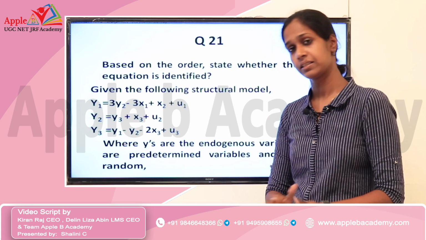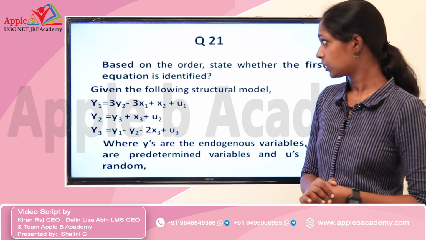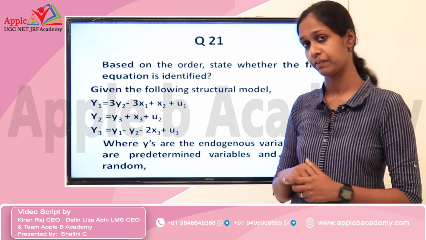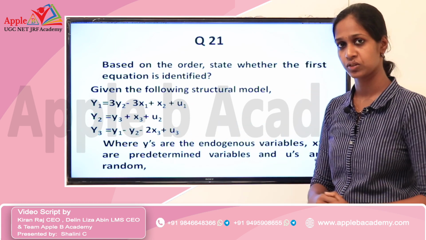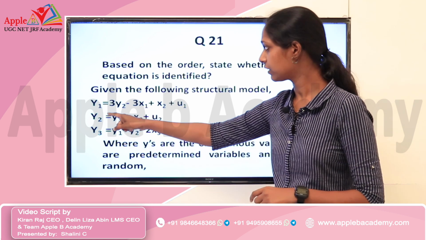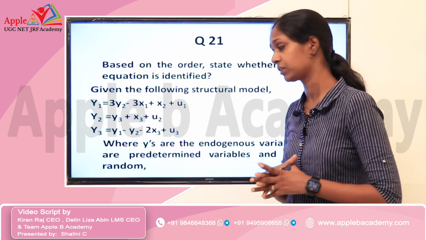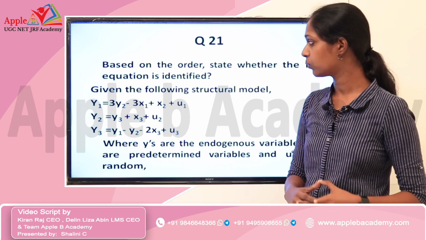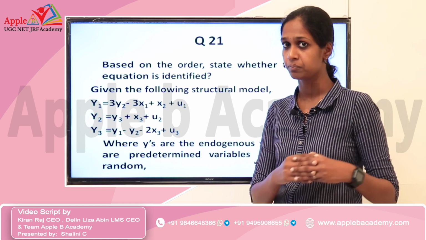We have question 21. Based on the order condition, state whether the first equation is identified given the following structural model. So we have y1 is equal to 3y2 minus 3x1 plus x2 plus u1. y2 is equal to y3 plus x3 plus u2.